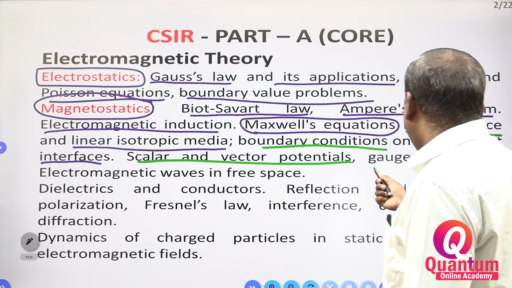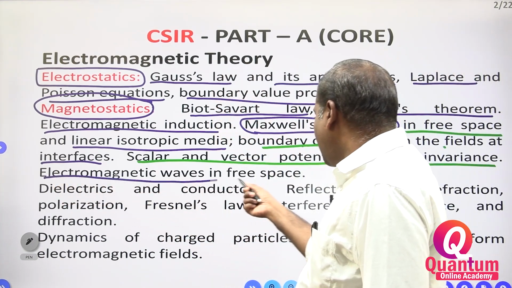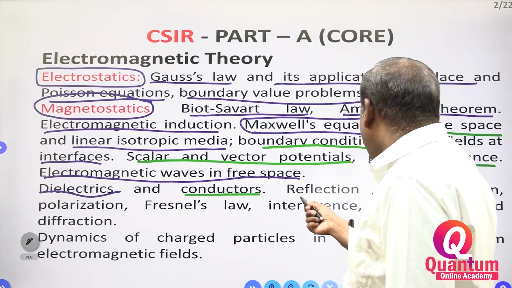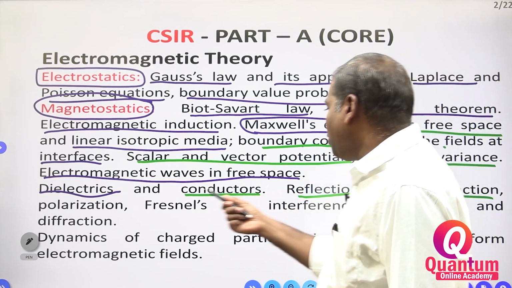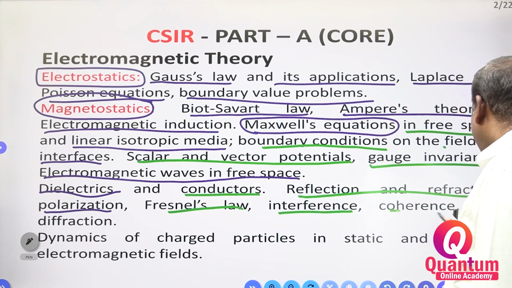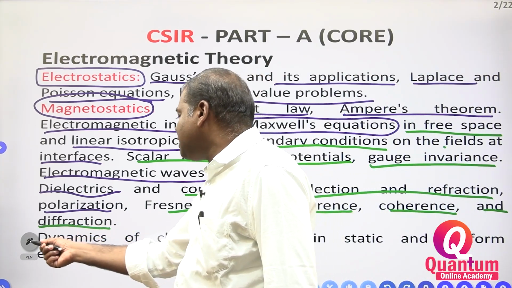These are very important. Gauge invariance, electromagnetic waves in free space, dielectrics, conductors, reflection and refraction, polarization, Fresnel's law, interference, coherence and diffraction. These are the phenomena under light.